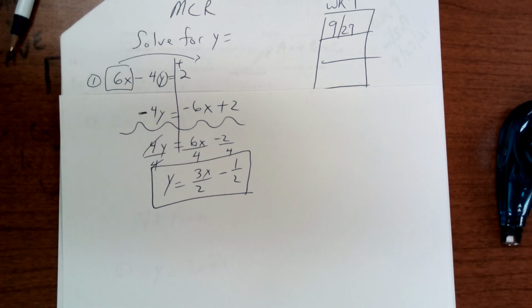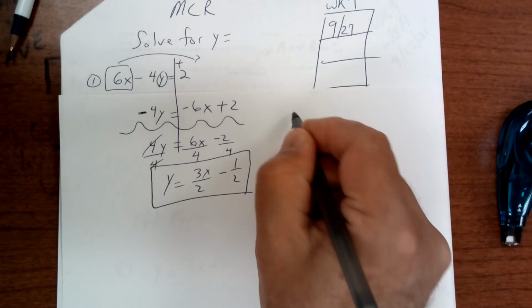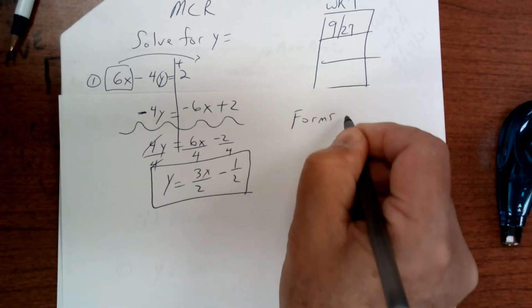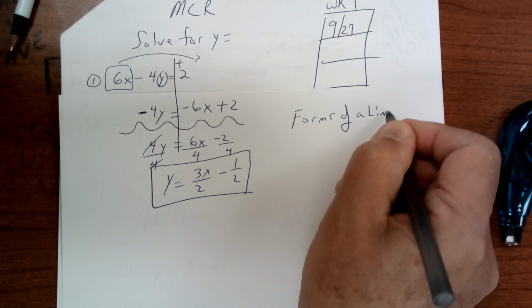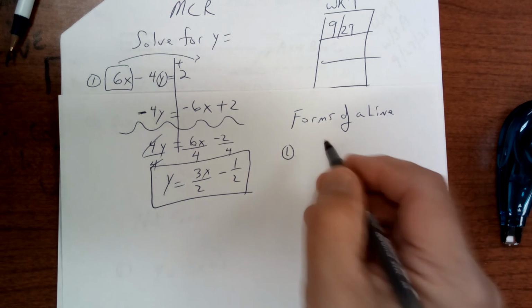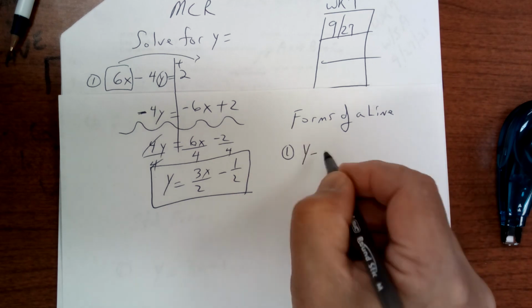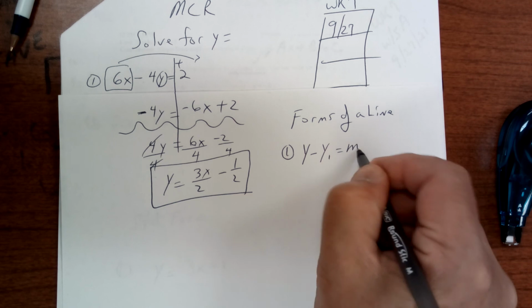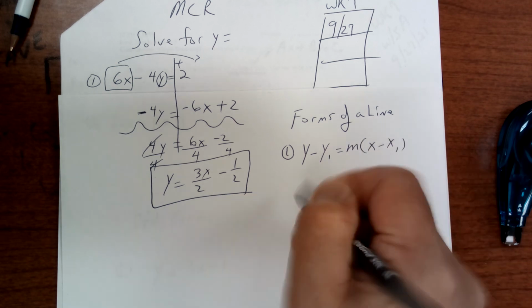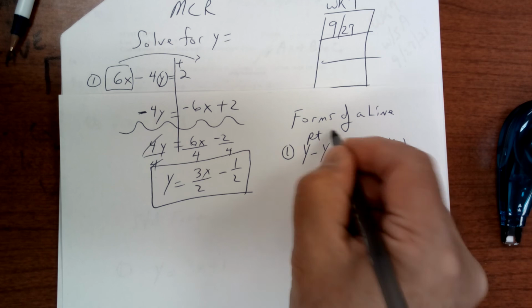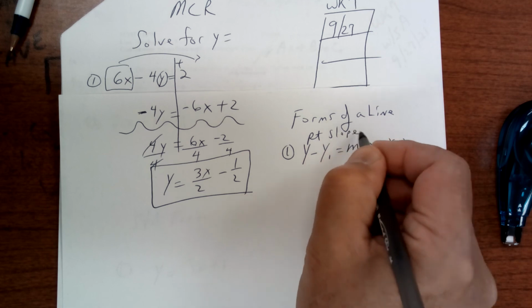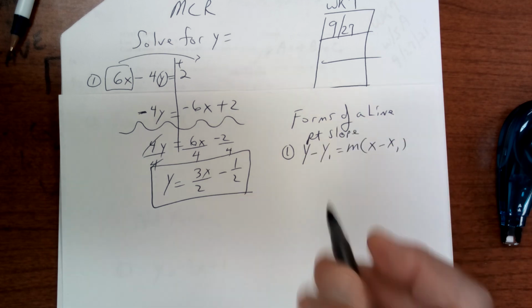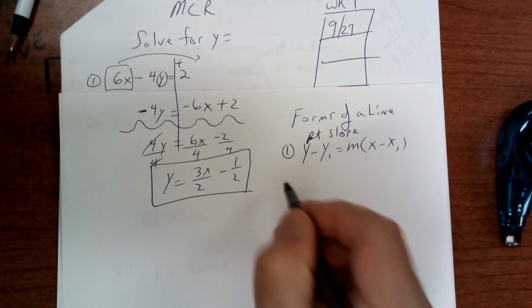Now let's go over the 3 forms. So put forms of a line. Number 1 is called point slope, so that's y minus y1. We're not doing this one today, so put point slope. But I want you to know them all, okay? Number 2 is slope-intercept form.